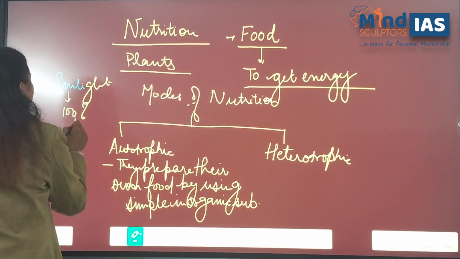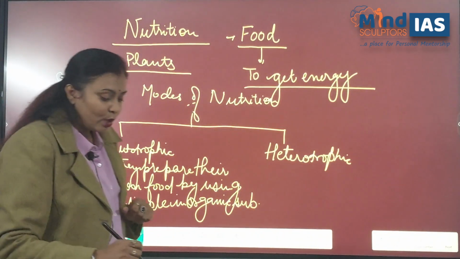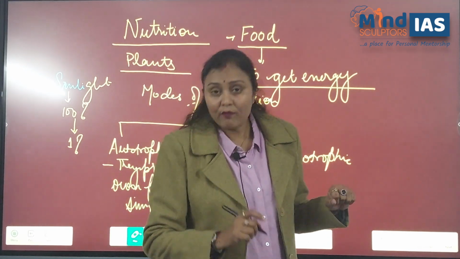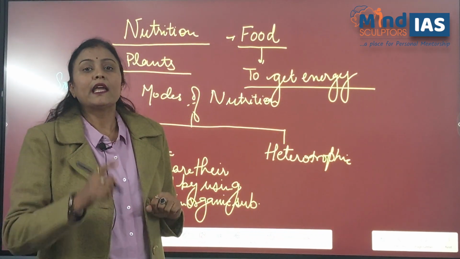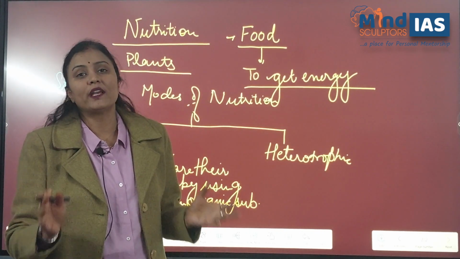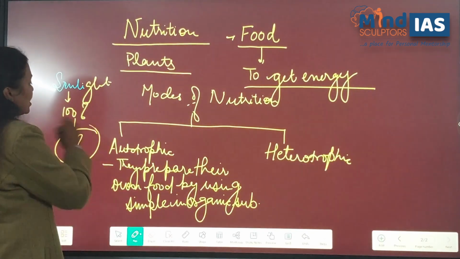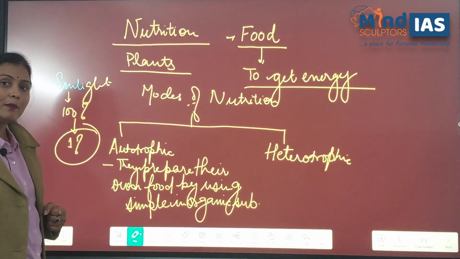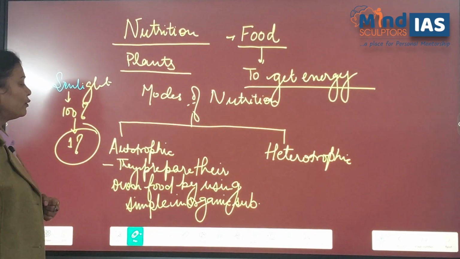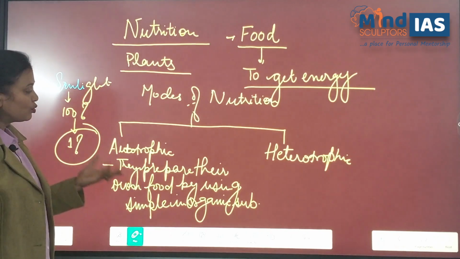The answer to this question is only 1%. Now can you imagine that only 1% of sunlight can fulfill the need of so many living organisms that exist on this earth. So only 1% of sunlight is used by the plants to prepare their food. This type of nutrition is called autotrophic nutrition.